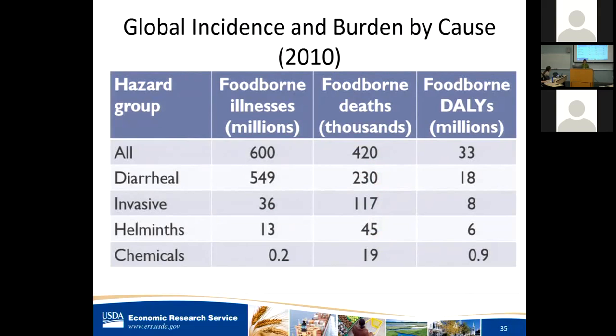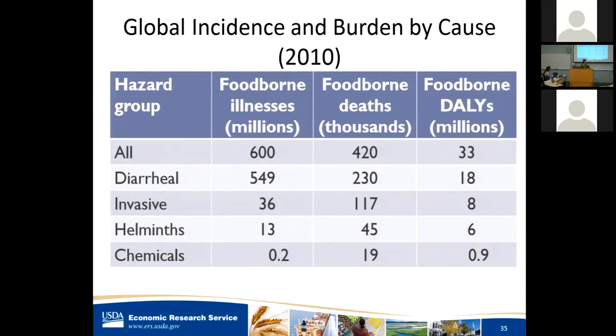What the study found was that foodborne illness is a pretty significant source of disease in the world. 600 million cases, 420 million deaths, and the daily burden is 33 million DALYs, which among infectious diseases puts foodborne illness about 4th or 5th.